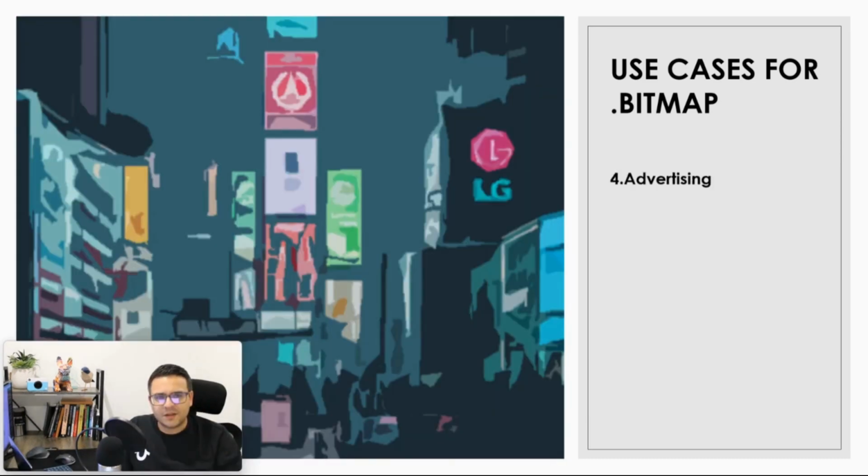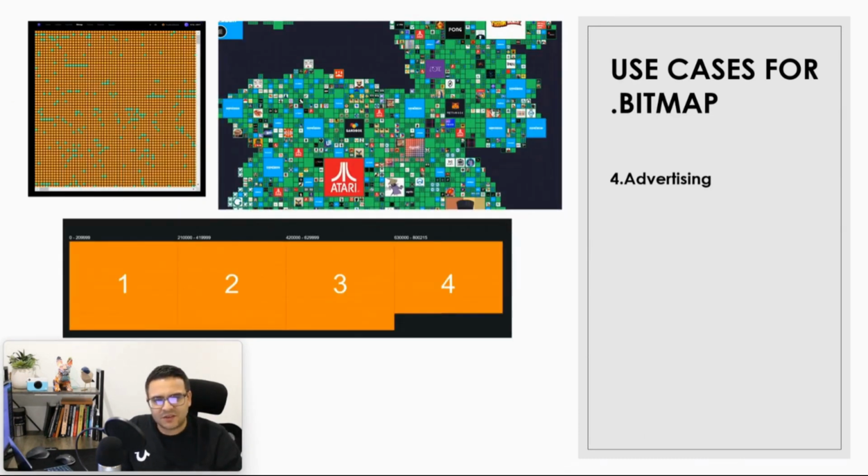The next potential use case is advertising. And this could be something which could have some form of potential under the bitmap standard. This idea originated from when I looked at the Sandbox project. And I don't know if it was intentionally meant to be for advertising when people started plotting different logos on their blocks or pieces of land or parcels, however you want to call it.